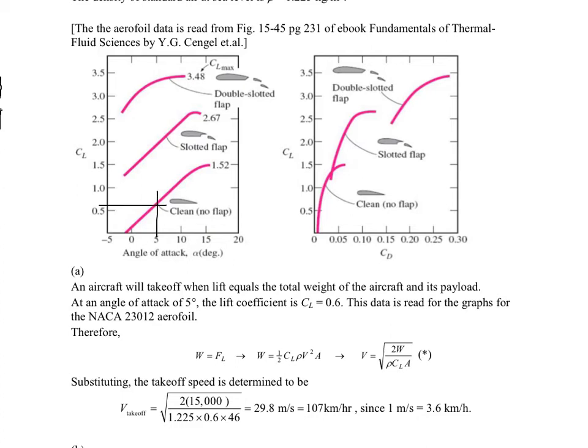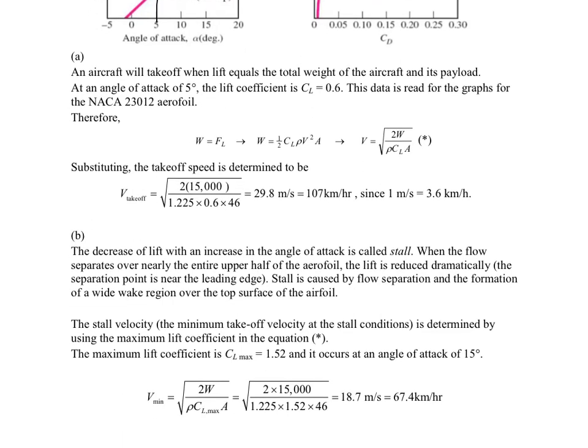Coming back to our answer, when the flow separates over nearly the entire half of the aerofoil, the lift reduces dramatically. The separating point is near the leading edge.